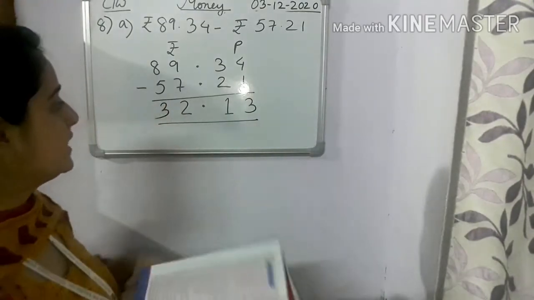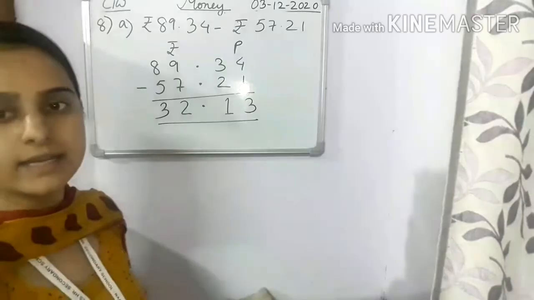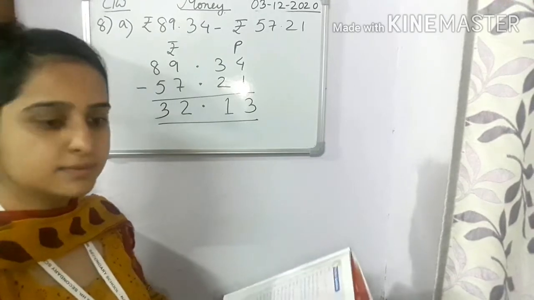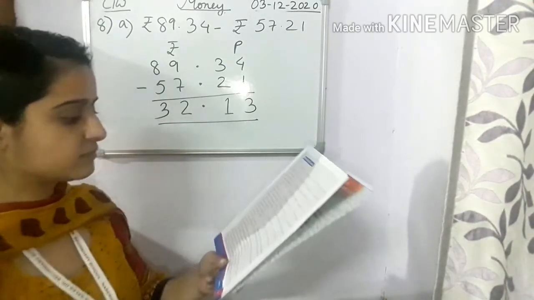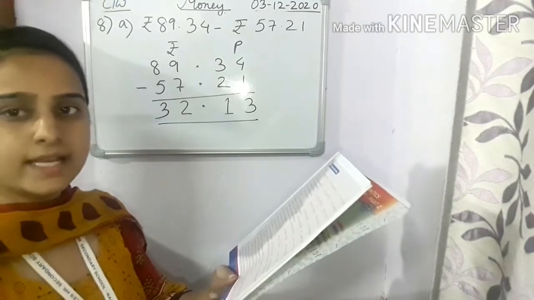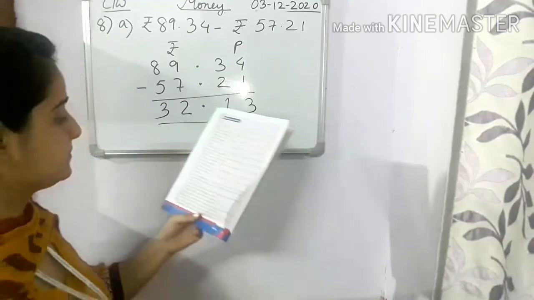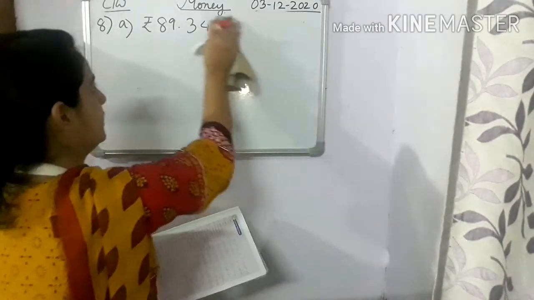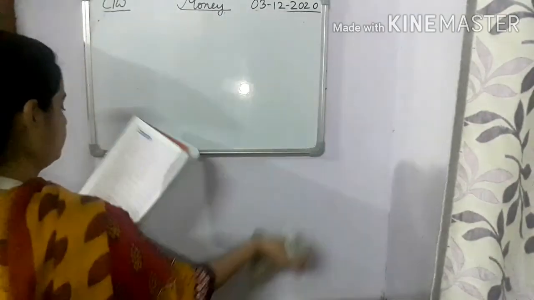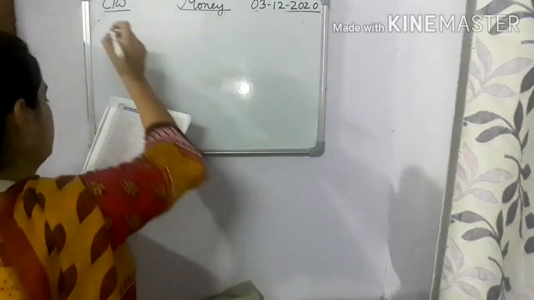So the answer is rupees 32 and 13 paise. Clear? You can do this in your copy now. Let's do the next question, that is 9. It is also the same as 8, children. Solve the following.